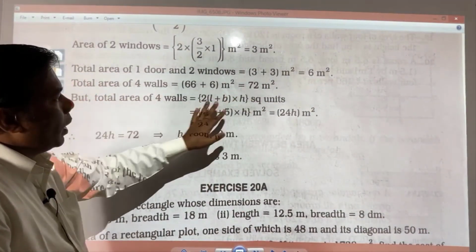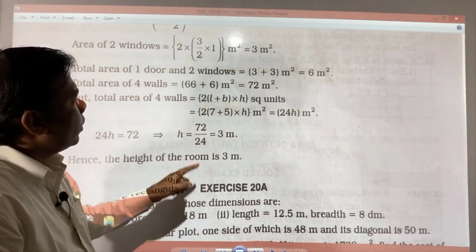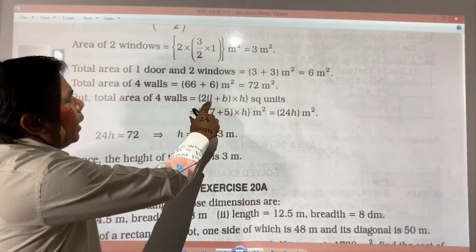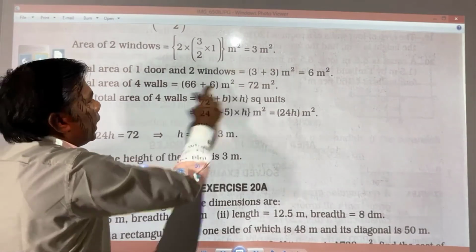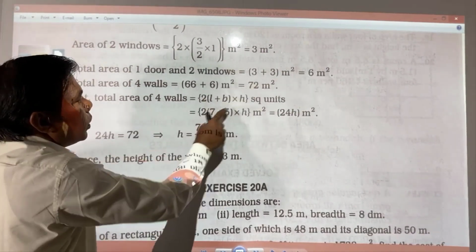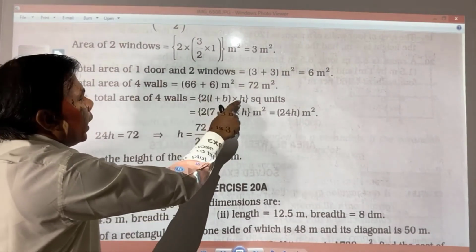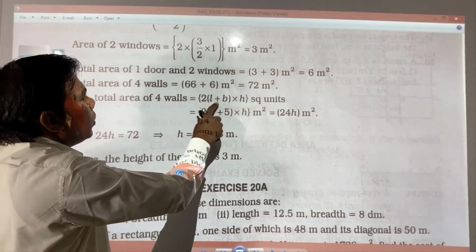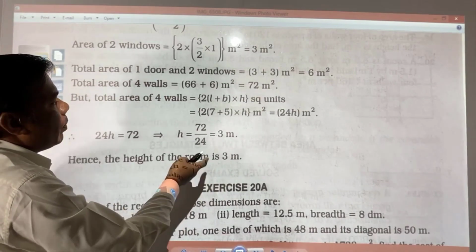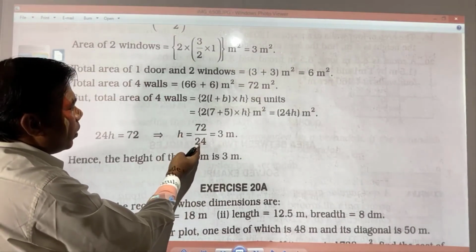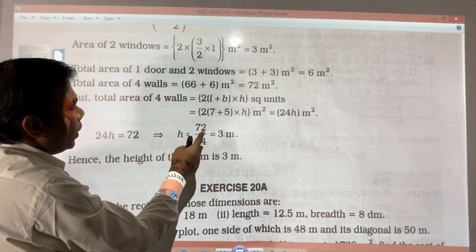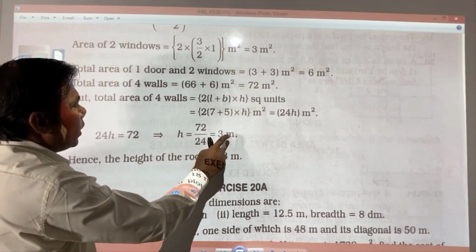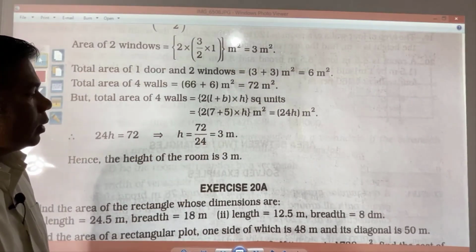Now put in formula, because h we need to find out. So just you put L and B has been given. Area has been given 72. You need to find out h. So h will be area of 4 walls divided by 2 into L plus B. So 2 into L plus B you will get 24. So h will be 72 by 24 and height you will get 3 meter and this will be your answer.